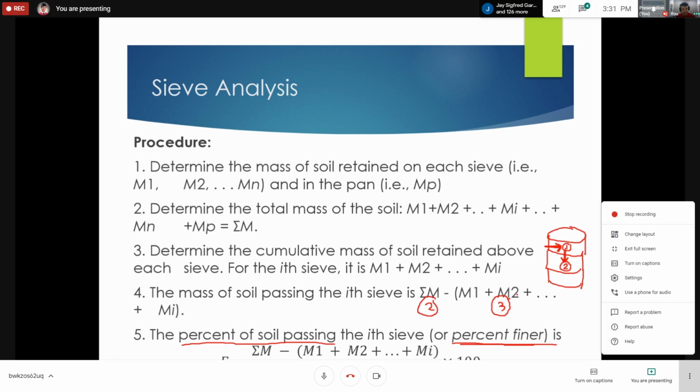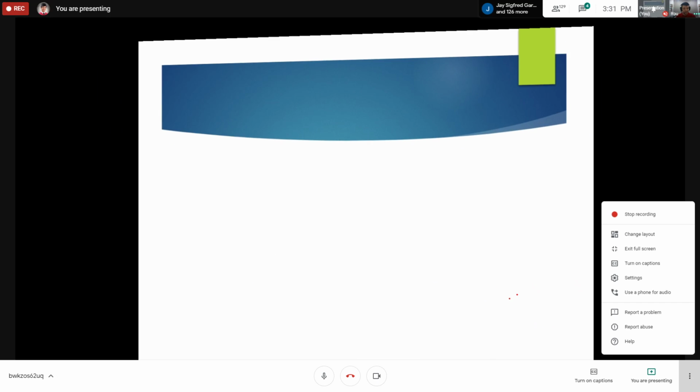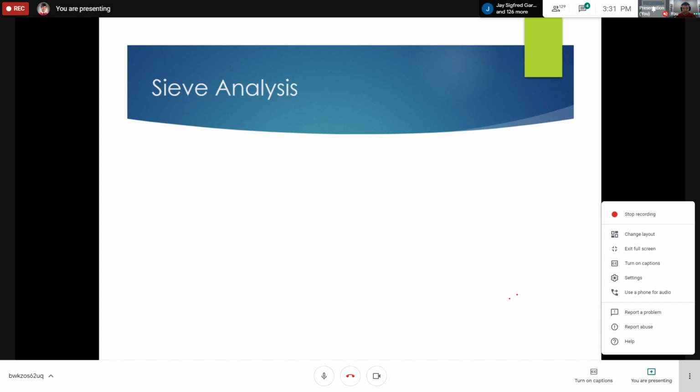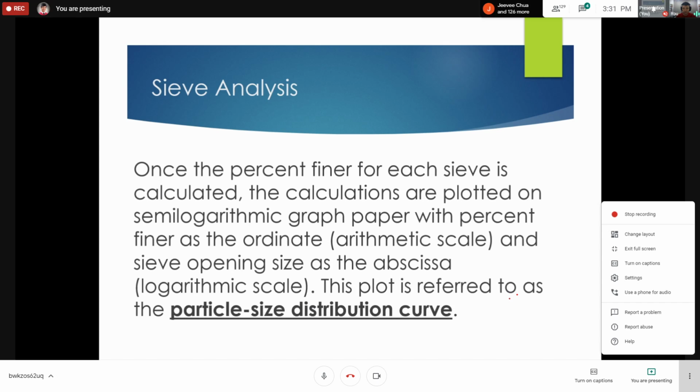Okay? So the output of your sieve analysis is what we call the particle size distribution curve. Usually once we find the data from your sieve analysis, we plot the percent finer on the arithmetic scale.